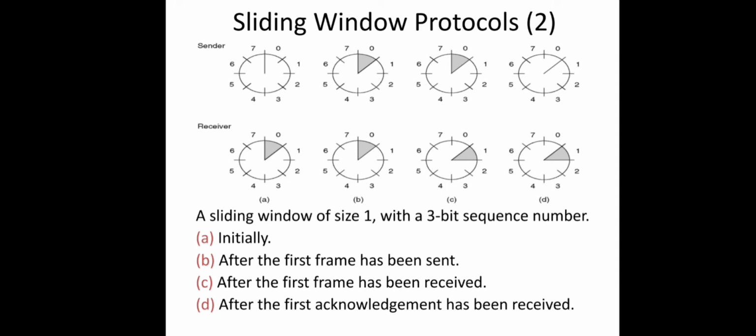Size is 1 in the sense that only one frame can be sent at a time. Only after receiving the acknowledgement can it send the next frame. So it's similar to stop and wait ARQ, but it's a sliding window protocol in its basic or primitive version. We can see how these windows are advanced. In this example, the initial stage is like this: this is the sender, and this is the receiver.